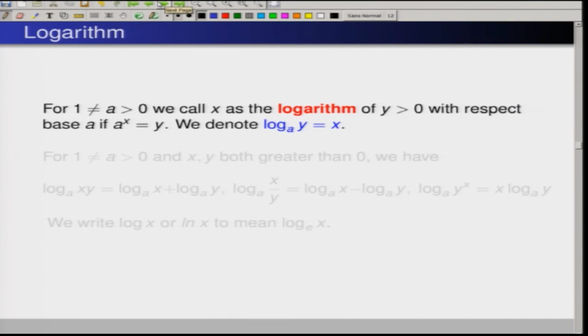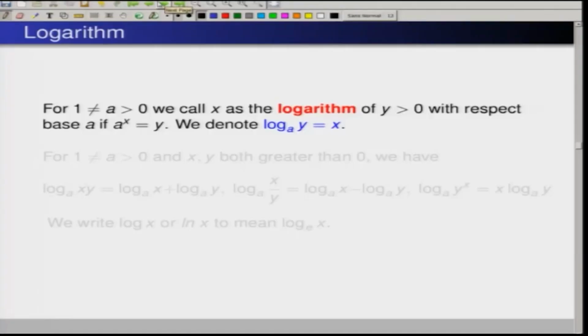Now, once we have this exponential function, we can define the logarithm, which, in a sense, we will see later is an inverse of this function. We will define what inverse is at a later stage. If a is positive and not equal to 1, we call x the logarithm of y, with y greater than 0, with respect to the base a.